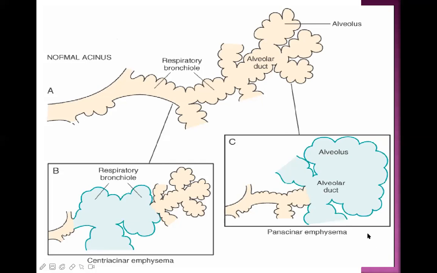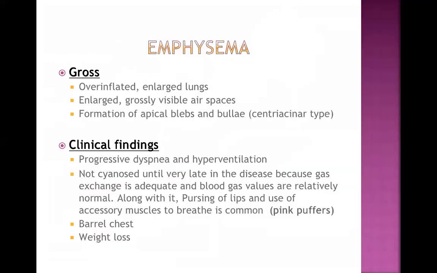Okay, let's move on. Now if I examine the lung, what is the gross morphology of the lung? Naturally they are overinflated. Why are they overinflated? Because there is a collection of a large amount of air. The lung is changing into a cyst-like appearance.